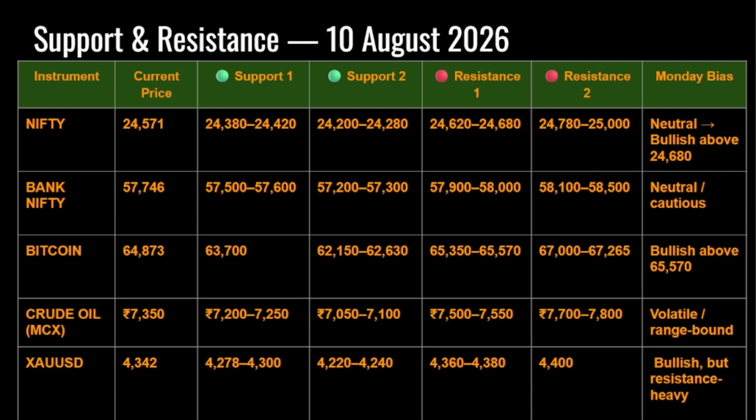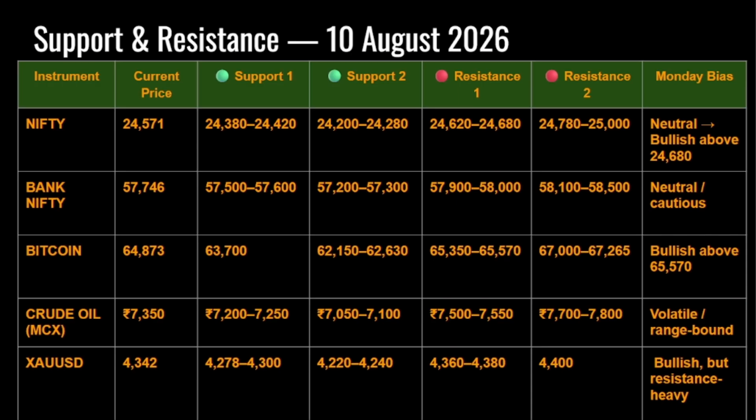Now coming to XAUUSD or gold. Finally, let's look at gold. The reference price is around $4,342. The first support zone is 4,270 to 4,300. The second support zone is 4,220 to 4,240.